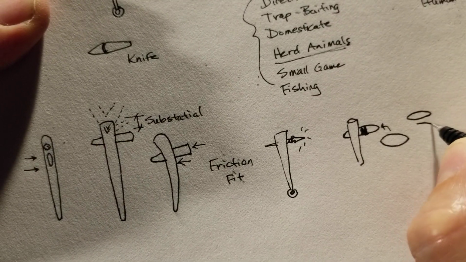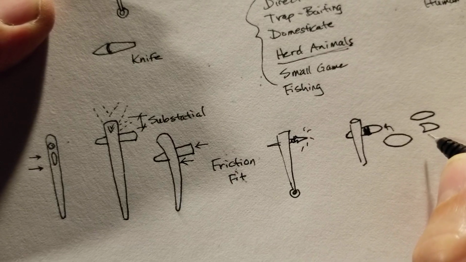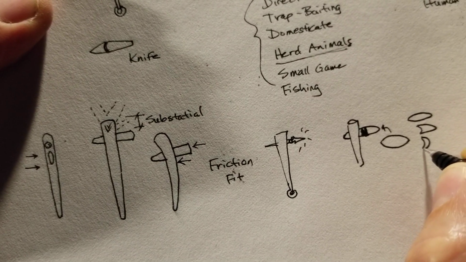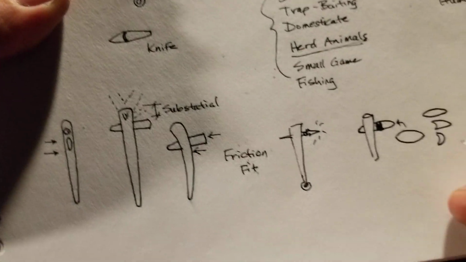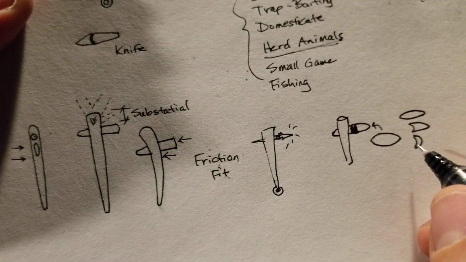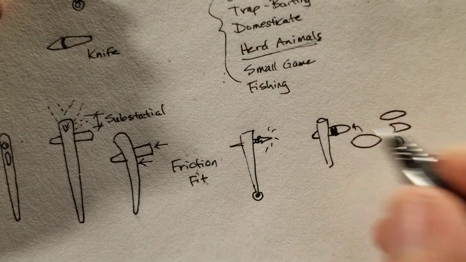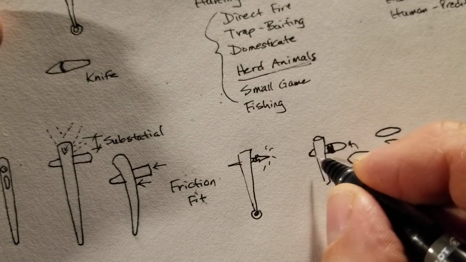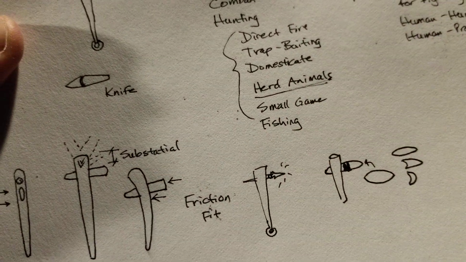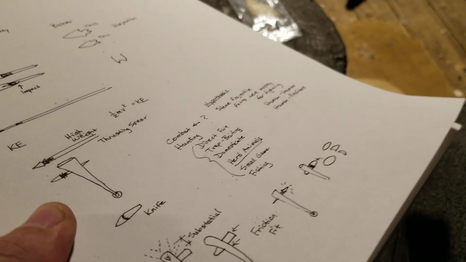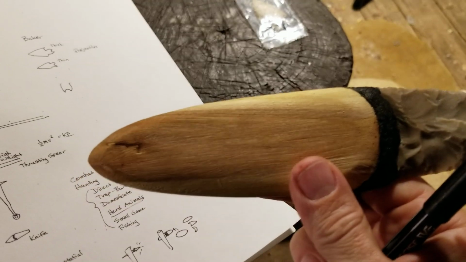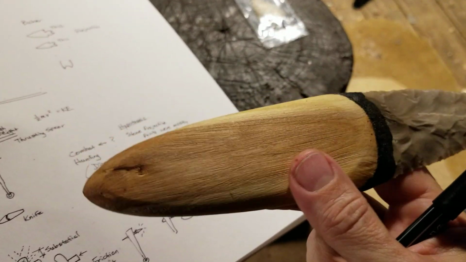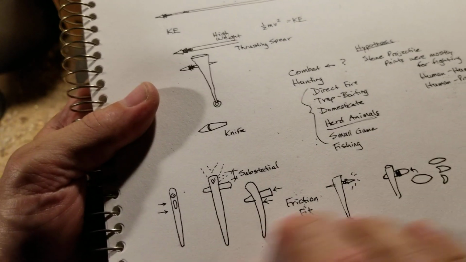You can also do a deal like this, or you could even do a crescent blade on the front of this, especially if this inserted piece is the size of a knife handle. A large item like this. So you get the idea on that. Okay. So that's just a clarification on that.